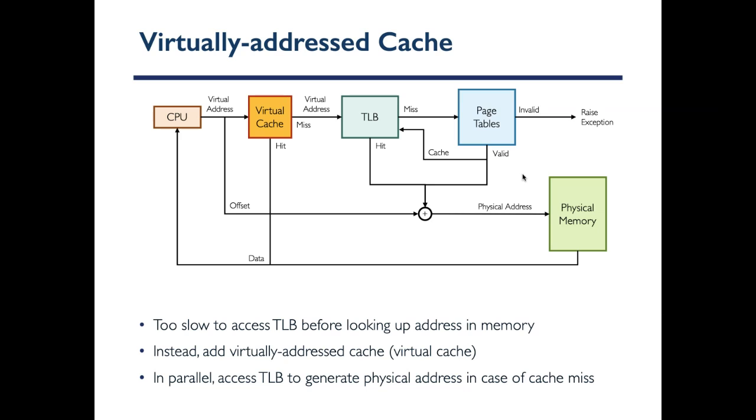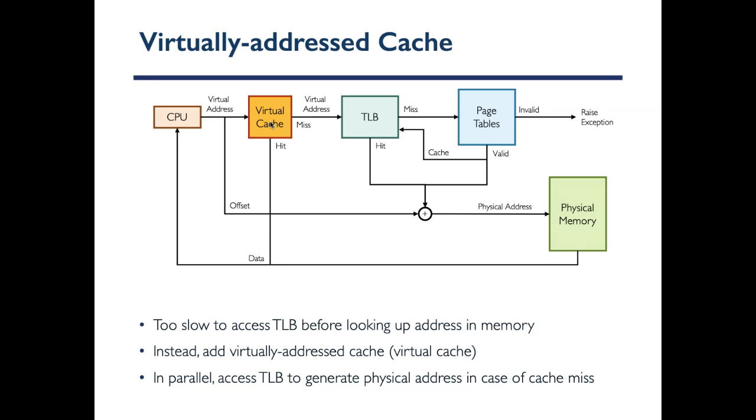Use caches as they are for data, not for addresses. The first thing we can do is have a cache that is virtually addressed. In all the things that I talked about in this lecture and the previous lecture on caching, we were addressing our caches, tagging our caches, using physical addresses.